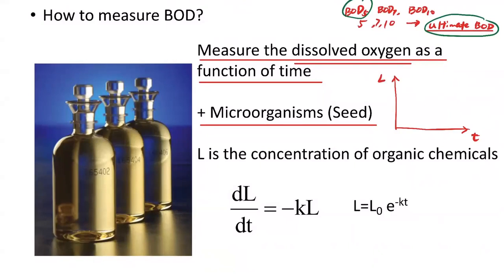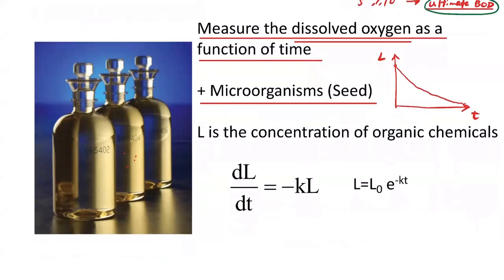Let's say this is L. At time equal to 0, when you take this wastewater sample out, the organics concentration is going to be the highest, right? And then after some time, the microorganisms inside are going to decompose these organics, and the concentration is going to decrease.